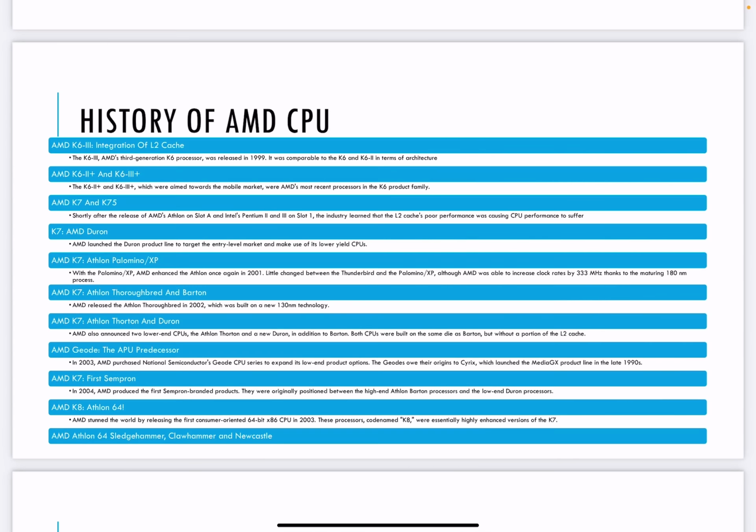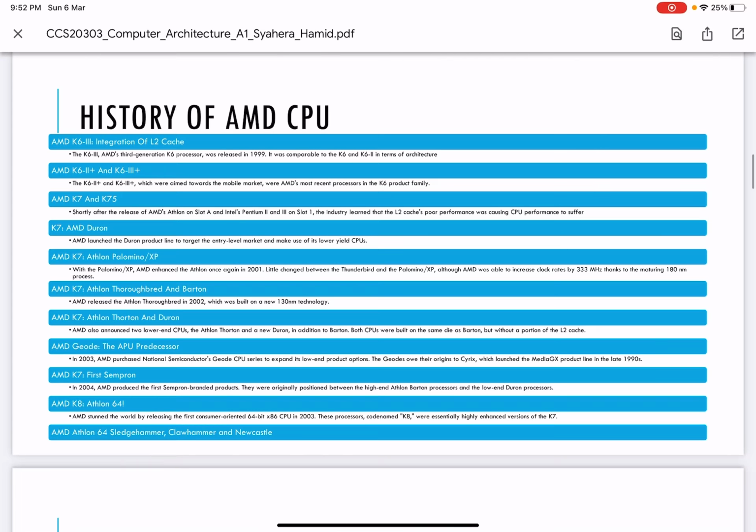And then the K7 AMD Duron, K7 Athlon Palomino, still on the K7, the Athlon Thoroughbred and Barton, until the K7 Athlon Thorton, and then the AMD Geode, the APU processor.